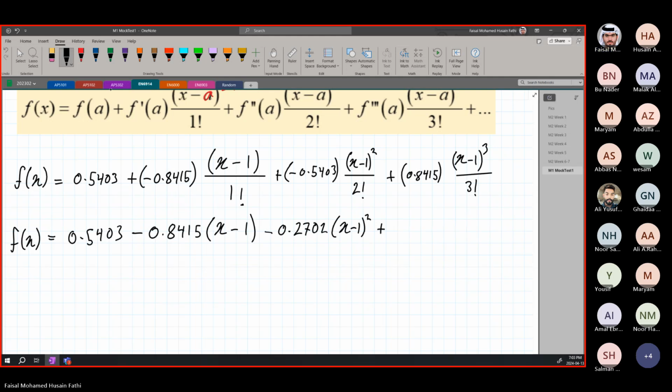0.8415 divided by 3 factorial, which is 0.1403 into x minus 1 cubed. Obviously, you can distribute if you want. You can distribute into everything and then simplify all the x's and all the x cubes and all of that. But the most important thing is this is our first term.